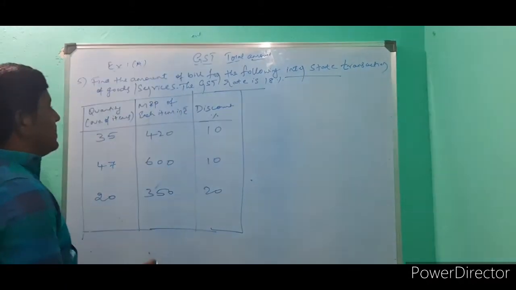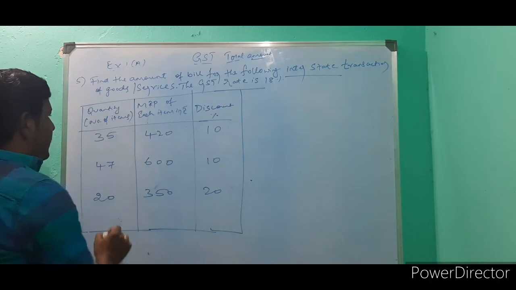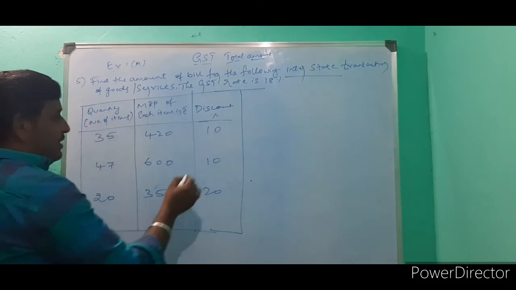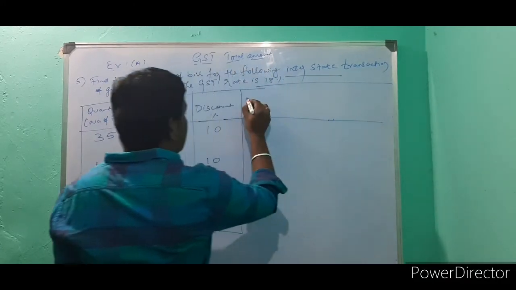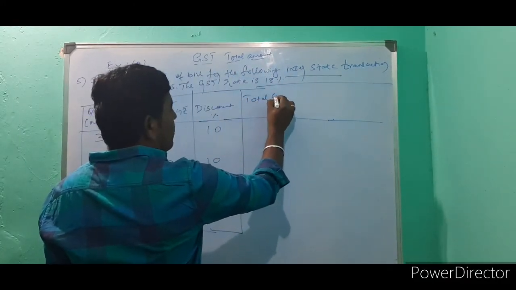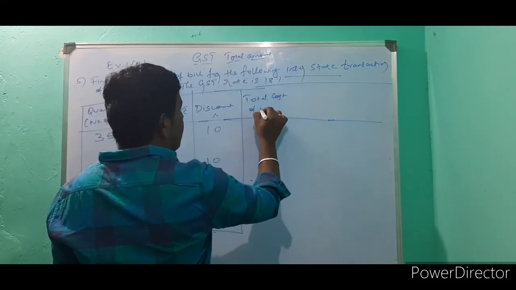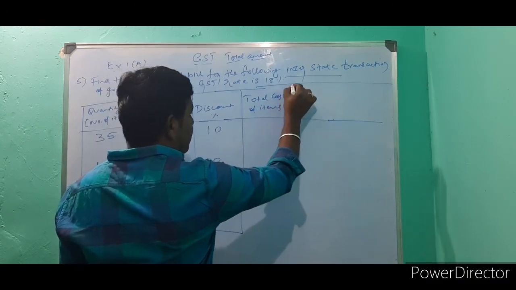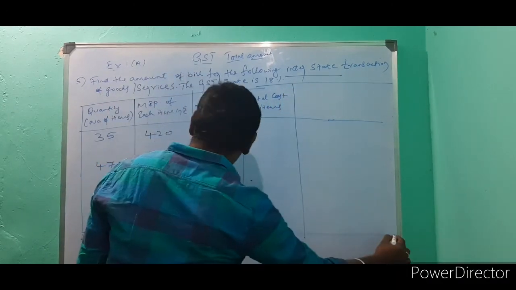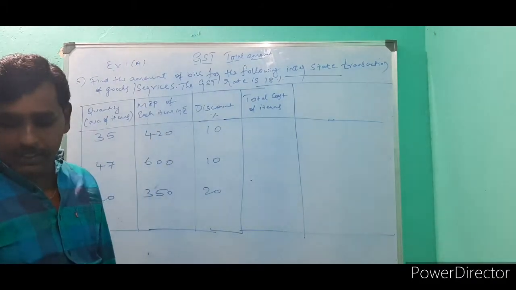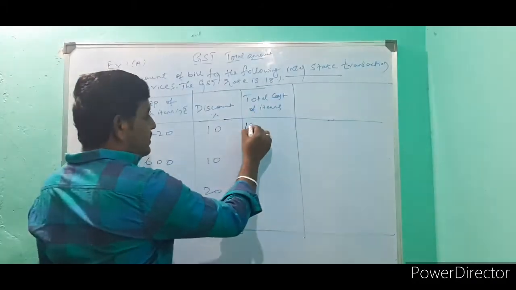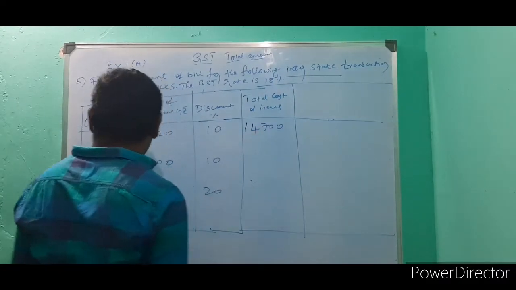Here the number of items, quantity and MRP of each item are given. First we find the total cost of items.